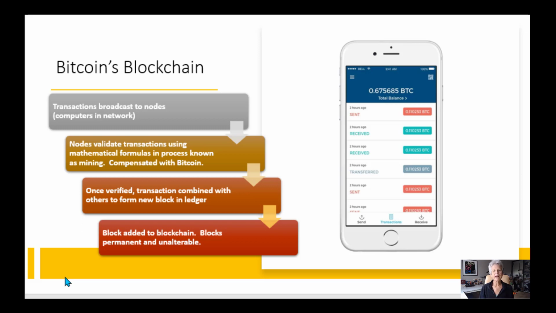The nodes will then validate the transactions using the algorithms in a process known as mining. They are compensated with Bitcoin, and they also get tips. Once verified, the transaction is combined with others to form a block, and then the block is added to the blockchain. And here's the thing, the blocks are permanent and unalterable.